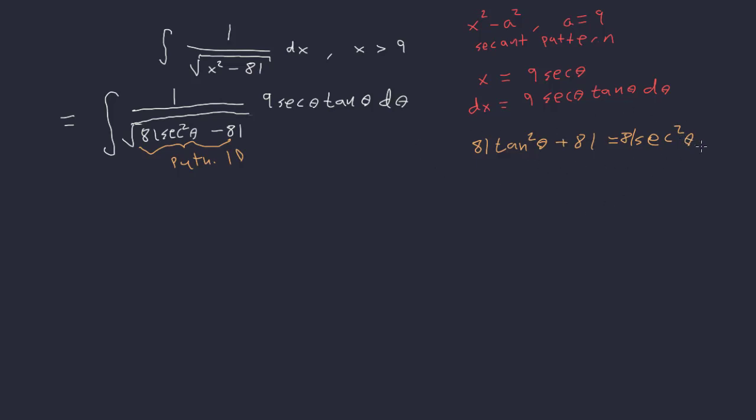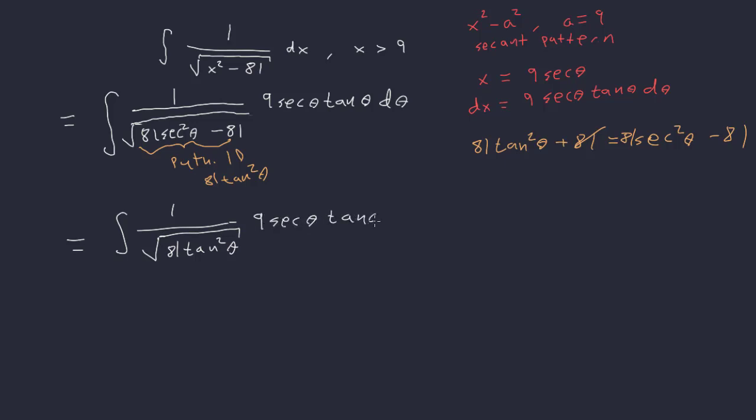And so if I move this 81 over and get the minus 81, we have 81 secant squared minus 81 is equal to 81 tangent squared. So we can just put in the 81 tangent squared. You do this enough, you'll start to see a certain pattern that tends to always happen. If it doesn't happen, it probably means you've done something incorrectly.